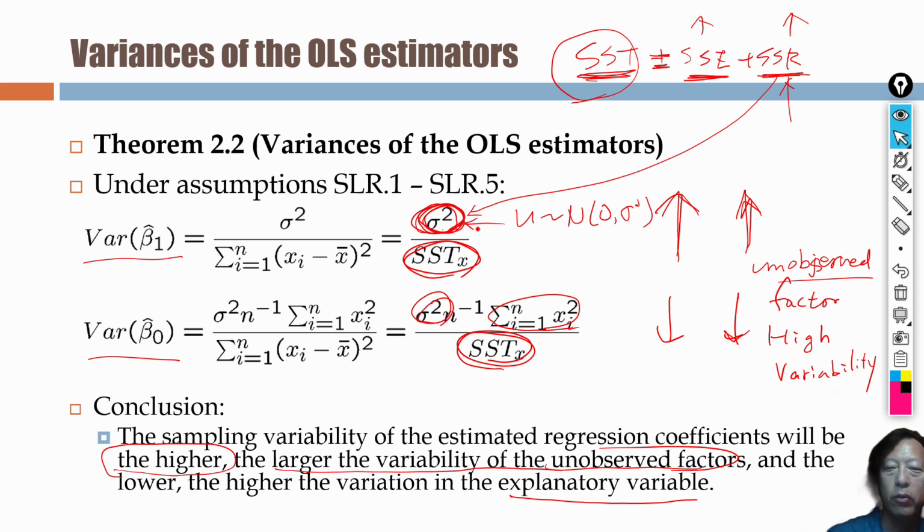As you can see here, if you have a high variability here, which means this is bigger and bigger, then you have a low variability of your explanatory variable. This one goes high and this one goes down, because we are comparing to the SST here.